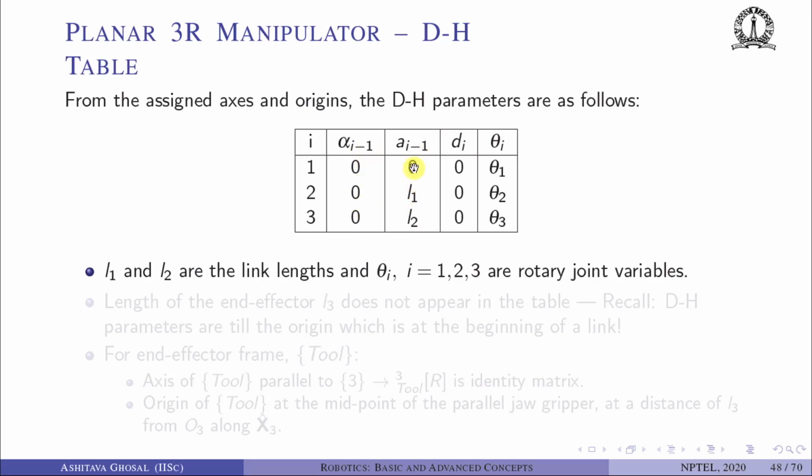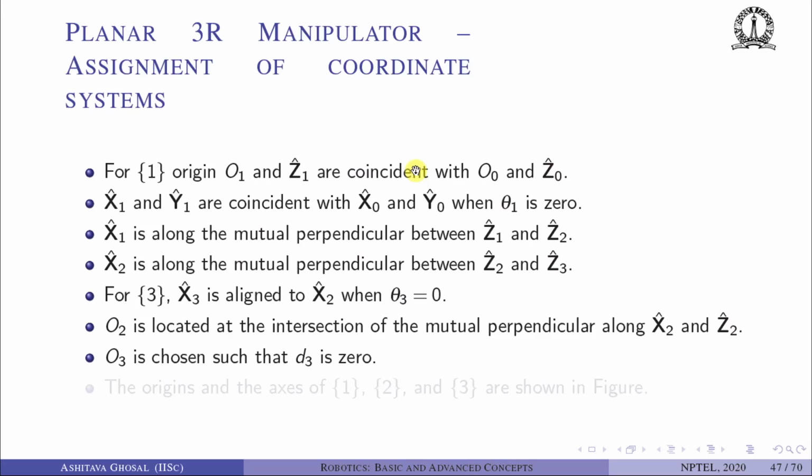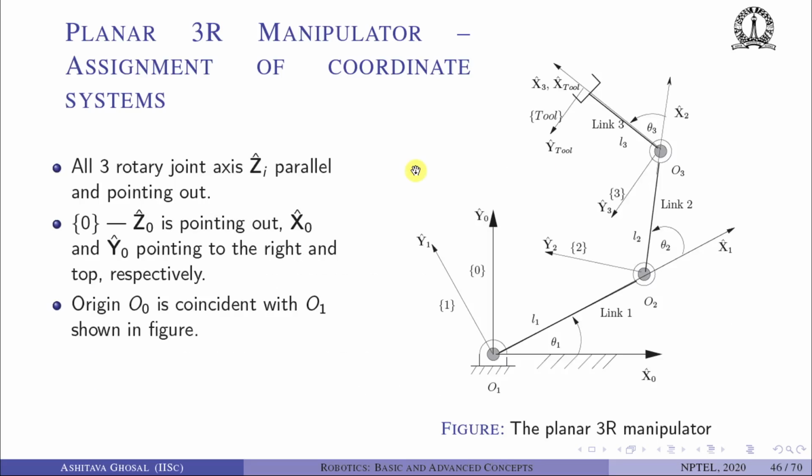What is a_{i-1}? a_{i-1} is the link length, here L1. Remember, however, it is the distance between Z1 and Z2. So the link is here, but a_{i-1} is this distance. This is part of the convention. So this is L1.